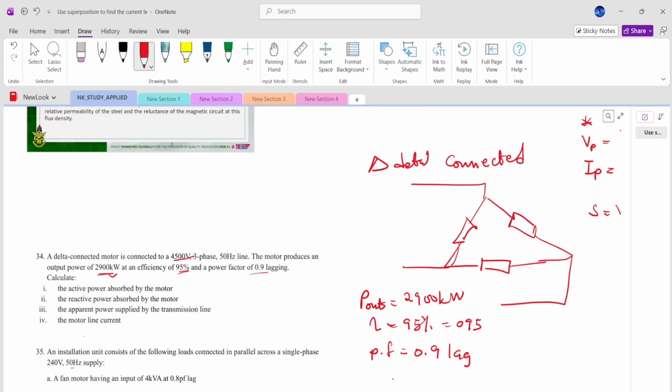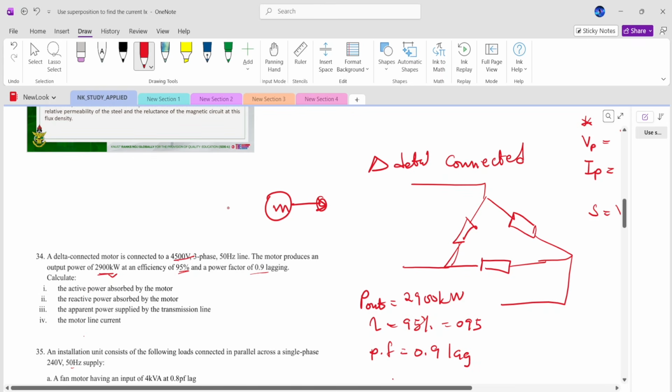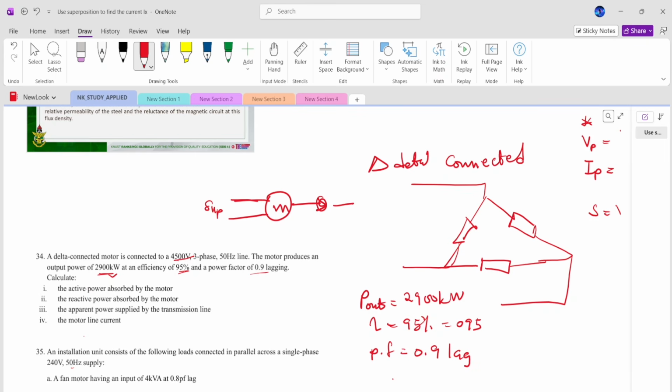The first question is calculate the active power absorbed by the motor, right? So you have your motor here producing some power, but before that you have to supply some. So you supply power to the motor and it produces some power at the output. They've given us the output to be 2900 kilowatts. We are looking for the input.